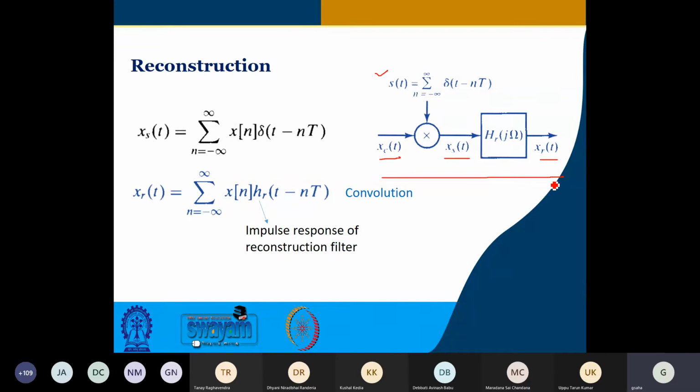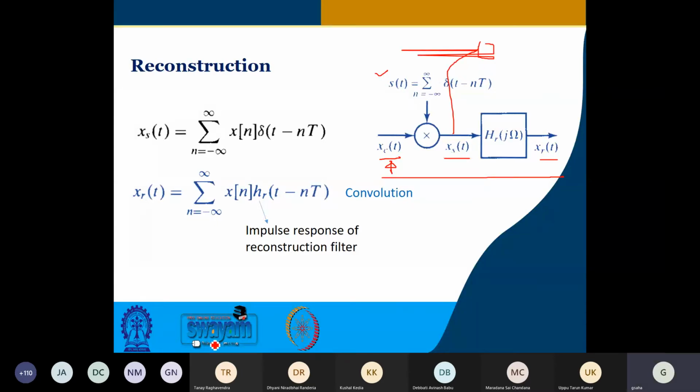Obviously, the reconstructed signal you want in the form of the continuous original signal, right? But then if that is the requirement, why do all that sampling and reconstruction? Obviously, after the sampling, when it has been converted to a sequence of numbers, you would want to do some processing, maybe removal of noise, maybe removal of another interfering frequency, whatever be the goal of that digital signal processing, and then you would like to reconstruct back. So there will be another block over here.